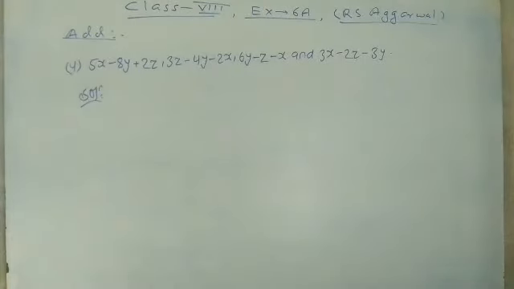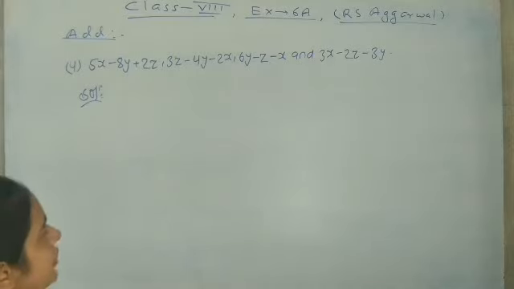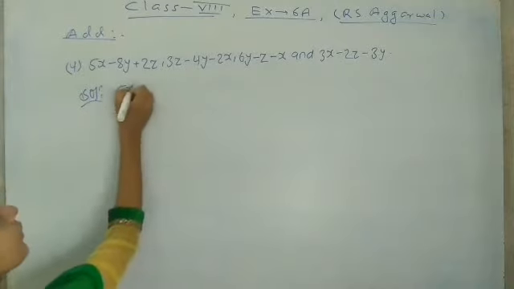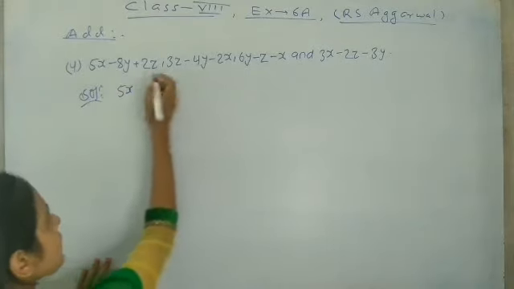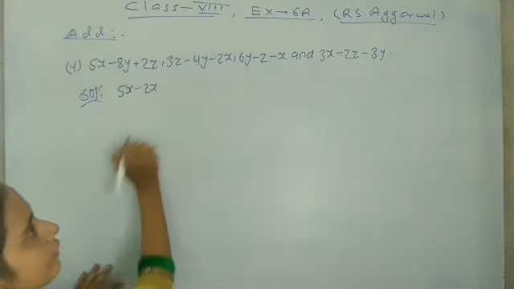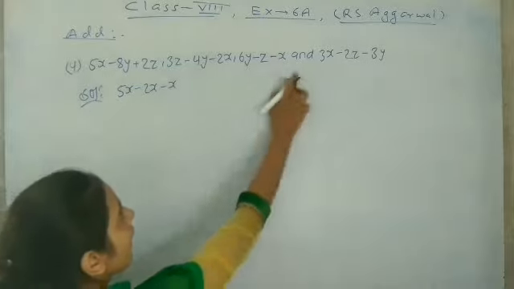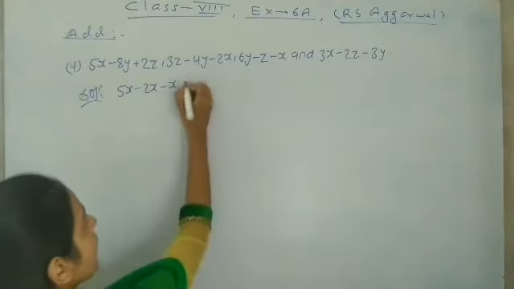Now question number 4, that is 5x minus 8y plus 2z, 3z minus 4y minus 2x, 6y minus z, and 3x minus 2z minus 3y. So firstly we will write the like terms. So 5x, and here is x, means minus 2x, and where is x? There is minus x, and here comma means plus, so plus 3x.